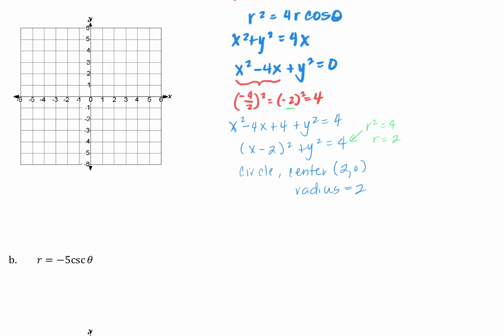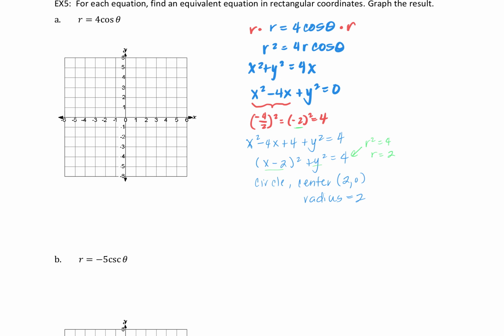And the center is whatever x value gives you 0, in this case if x is equal to 2, and whatever y value gives you 0 on the y squared, in this case it would be y equal to 0. So I have this circle, the center is going to be at 2, 0. And then the radius is 2, so I'm going to go out 2 from the center. And I'm going to sketch my graph. My sad graph.